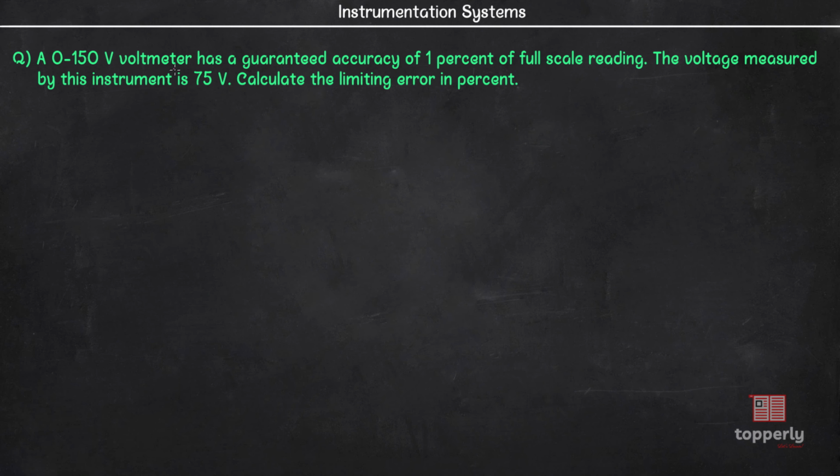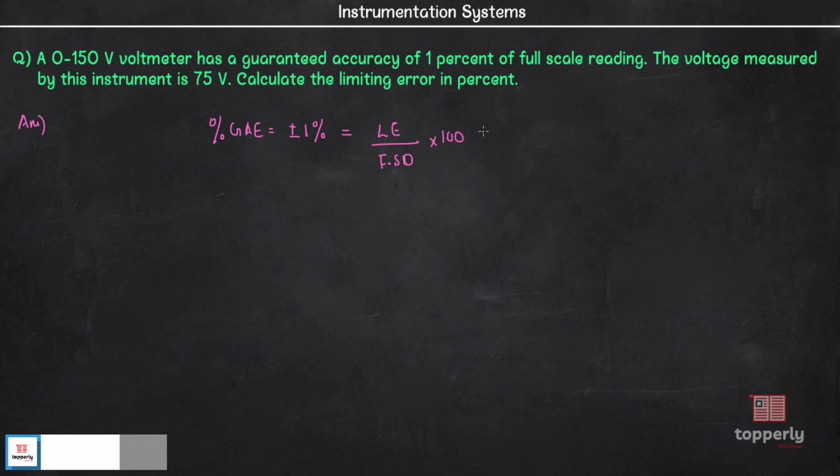A 0 to 150 volt voltmeter has a guaranteed accuracy of 1% of full scale reading. Therefore, it is given that percentage guaranteed accuracy error is equal to plus or minus 1%, and we know that guaranteed accuracy error is equal to limiting error by full scale deflection into 100, and we know that the range of the instrument is 0 to 150 volt.